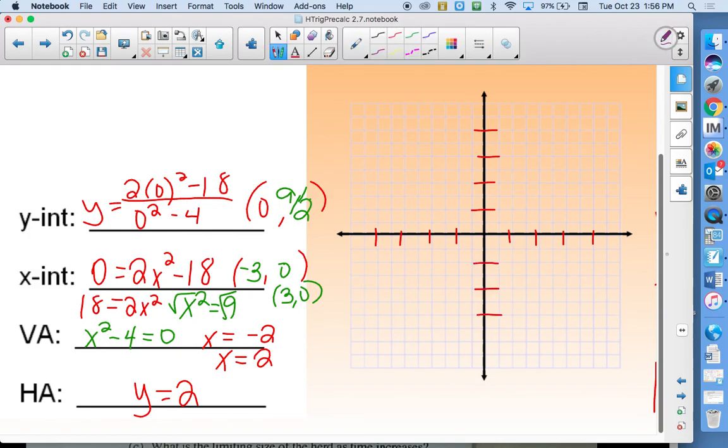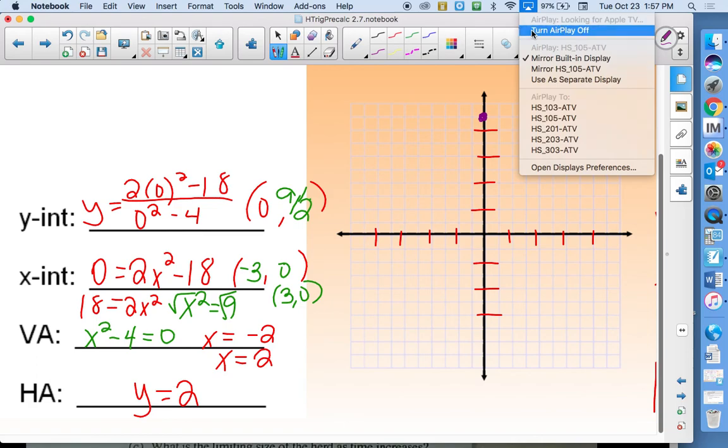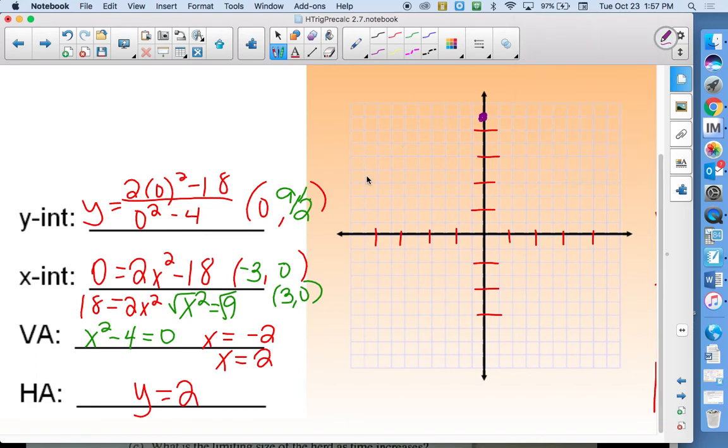So lots of things to graph. 9 halves is really 4.5. Graph your two ordered pairs for the x-intercepts at -3 and +3. And then the two asymptotes that are vertical.